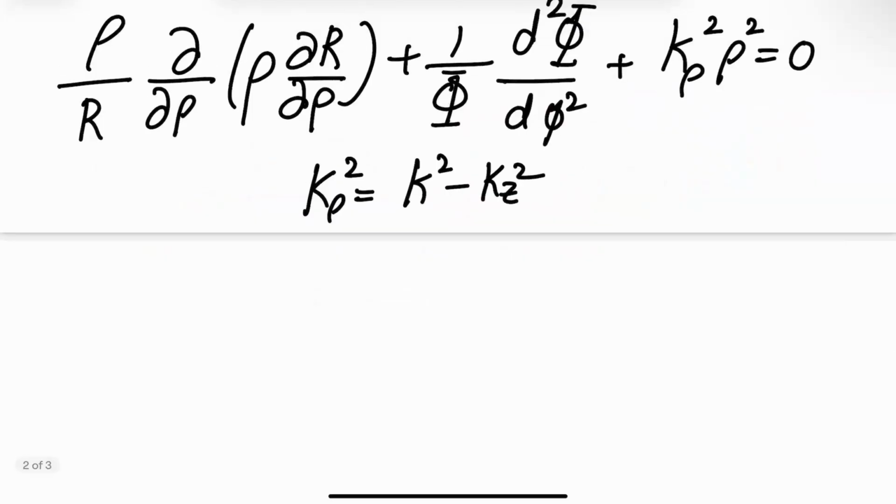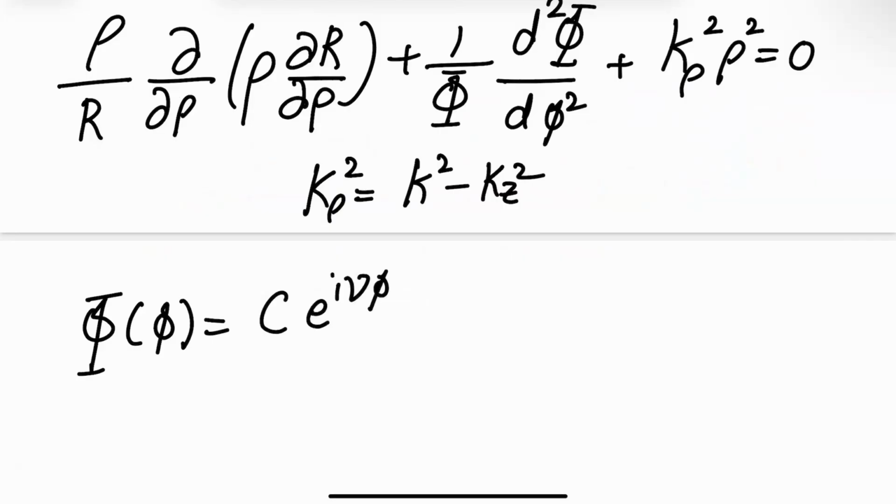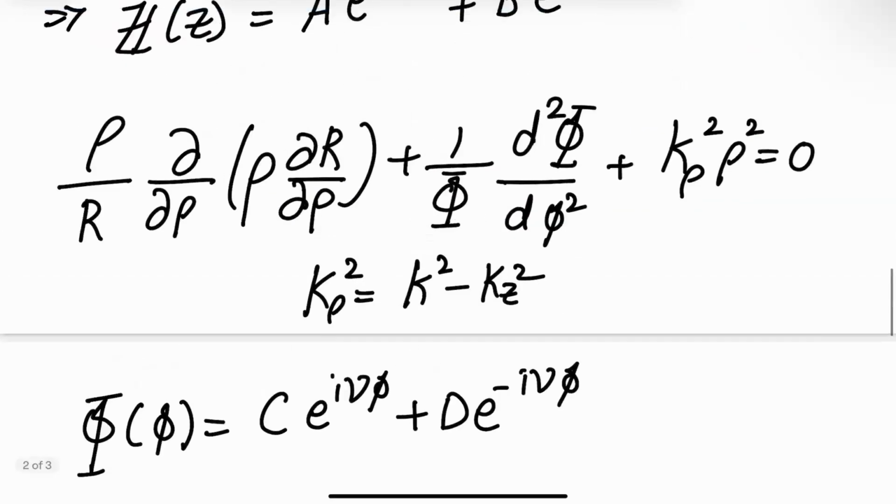So we also get that capital phi of phi is some linear combination of complex exponentials. Let's say c e to the i nu phi plus d e to the minus i nu phi, where I'm writing this as minus nu square.